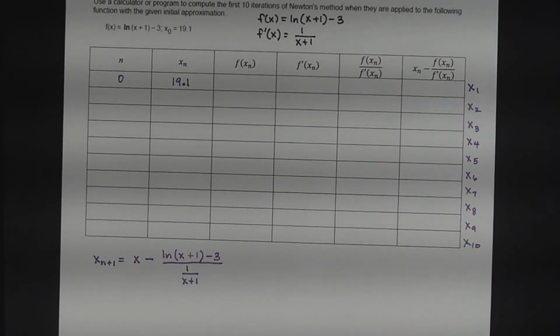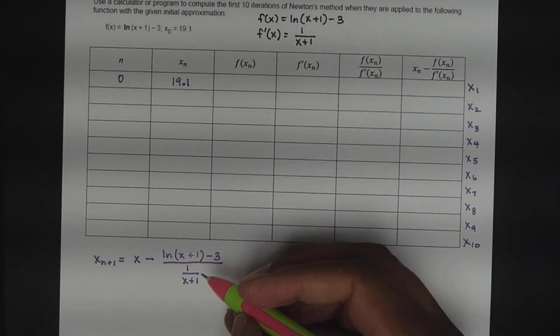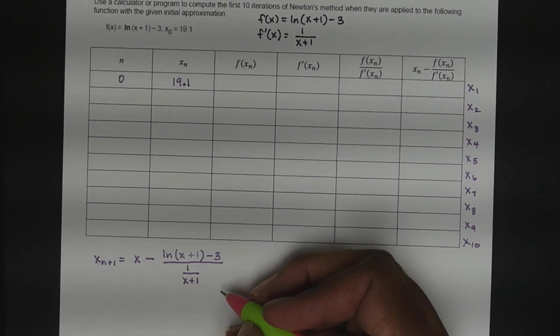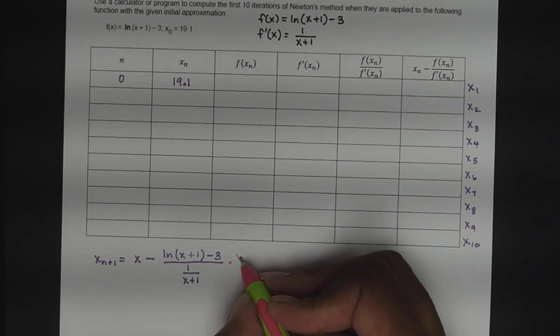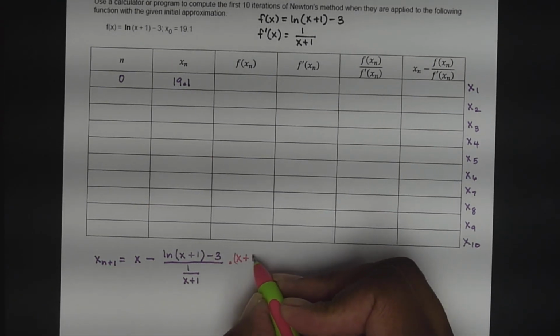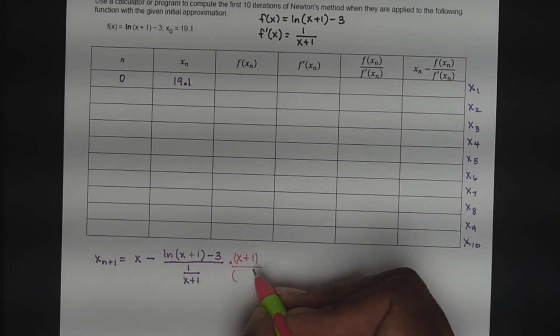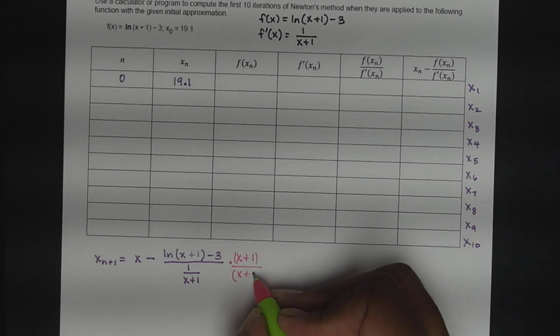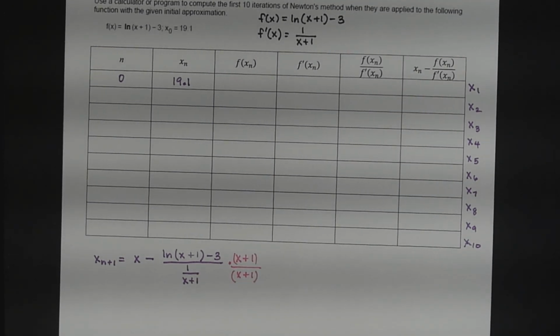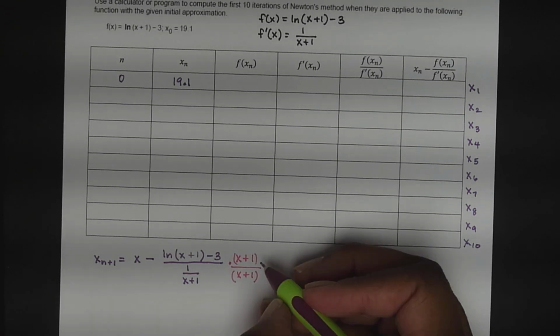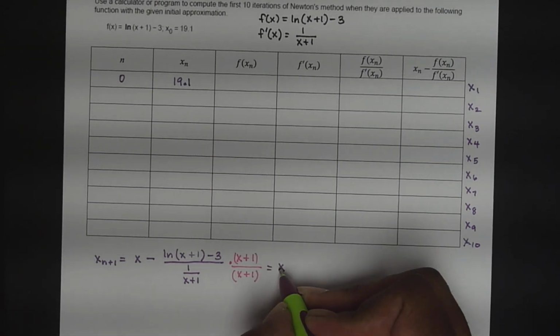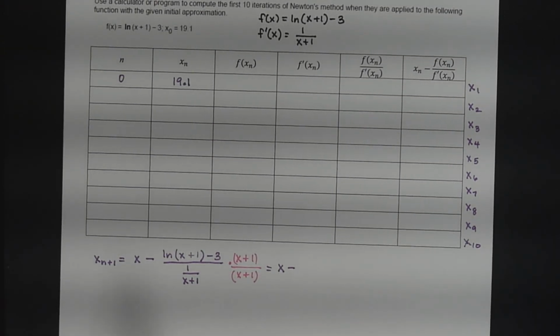But I'm going to simplify this a bit. The reciprocal of 1 over x plus 1 is x plus 1, so I'm going to multiply the numerator and the denominator by x plus 1. That means I bring over this x minus.